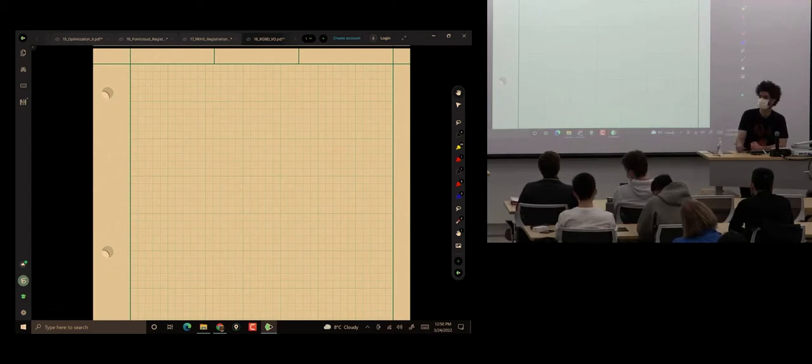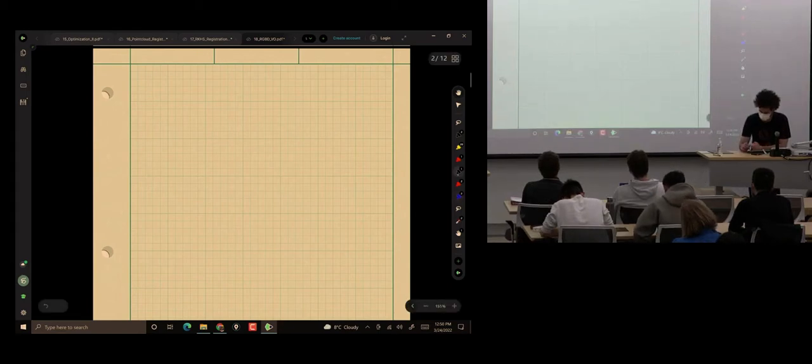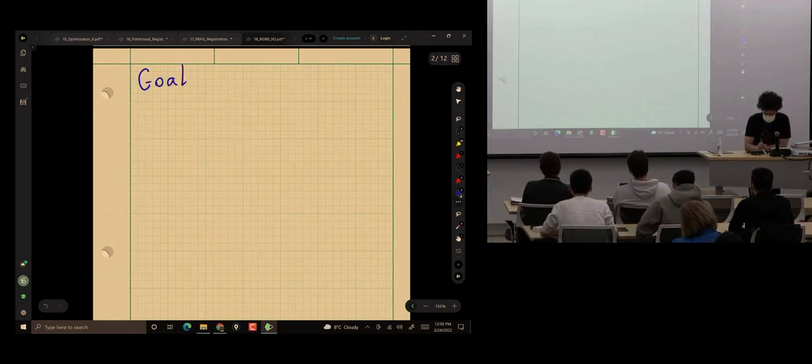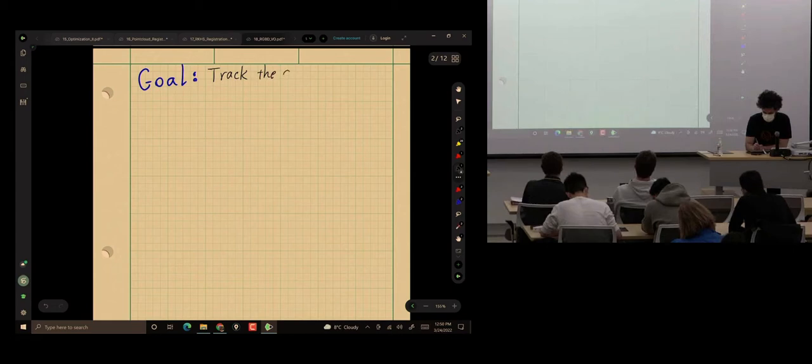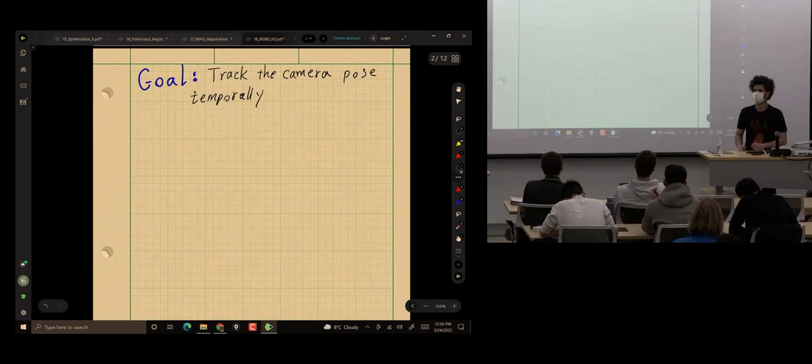What's the goal? Tracking the camera pose temporally. So the goal, or objective, is to track the camera pose temporally.